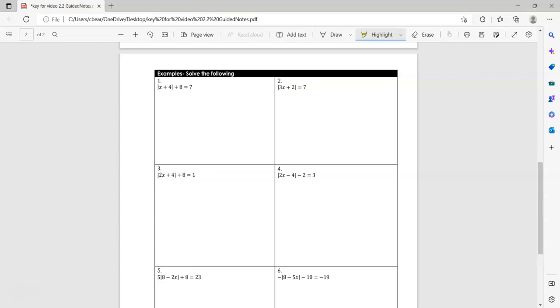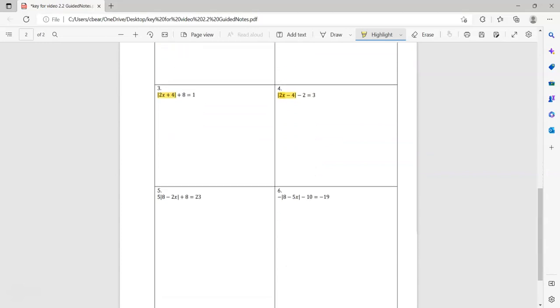First thing I really encourage you to do is somehow indicate your absolute value, okay? That way you know what you got to get by itself. If you don't do this part, then you're going to get the problem wrong 9 times out of 10. Sometimes I tell students to take their pencil or pen and circle it.